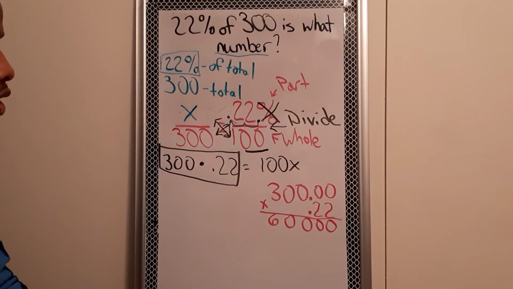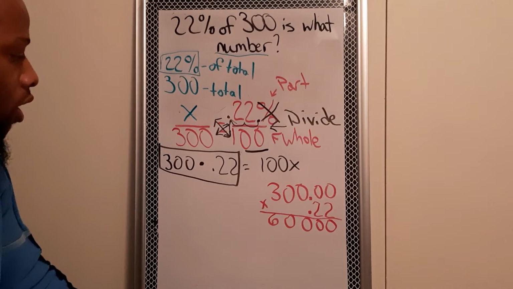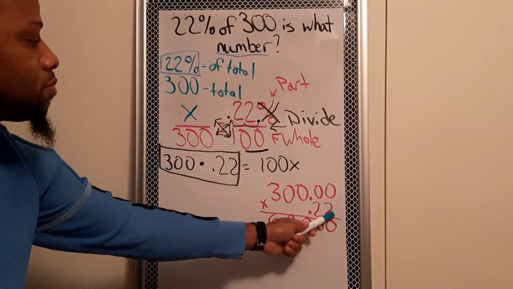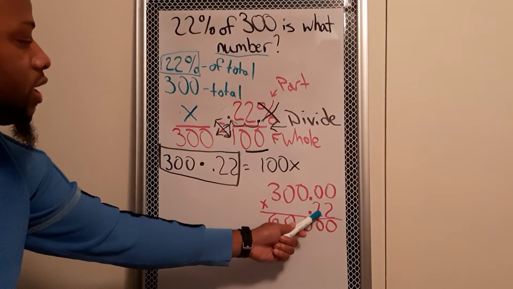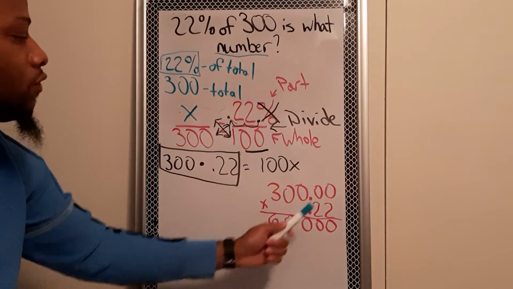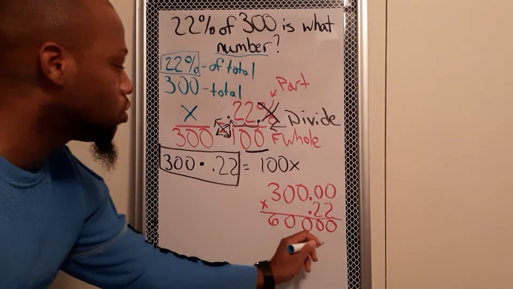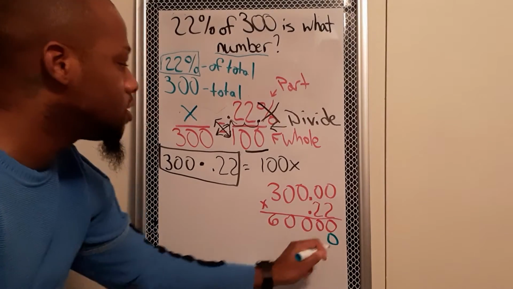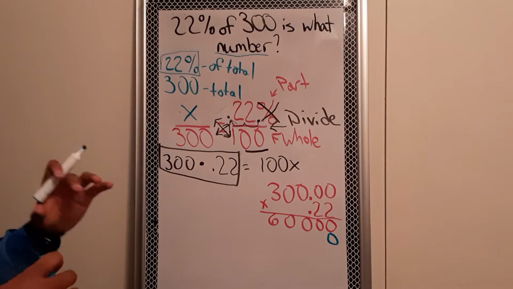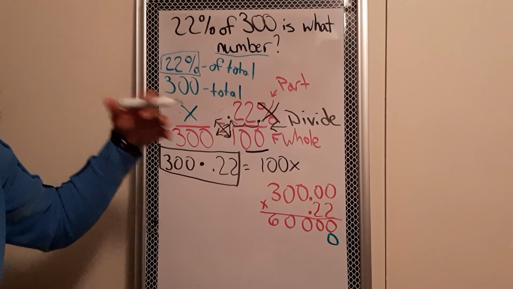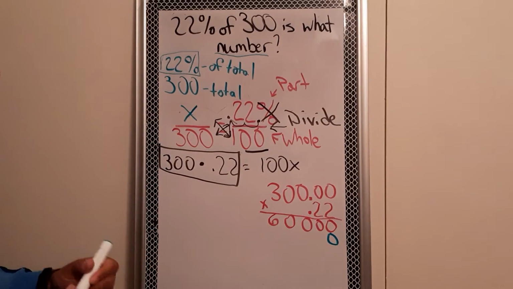Then, whenever I move from the hundredths place over to the tenths place to multiply by everything, I have to add in a placeholder. And we like to call that placeholder 0 the hero, because it helps us save our space and keep our numbers aligned so that when we multiply, we have the correct answer.